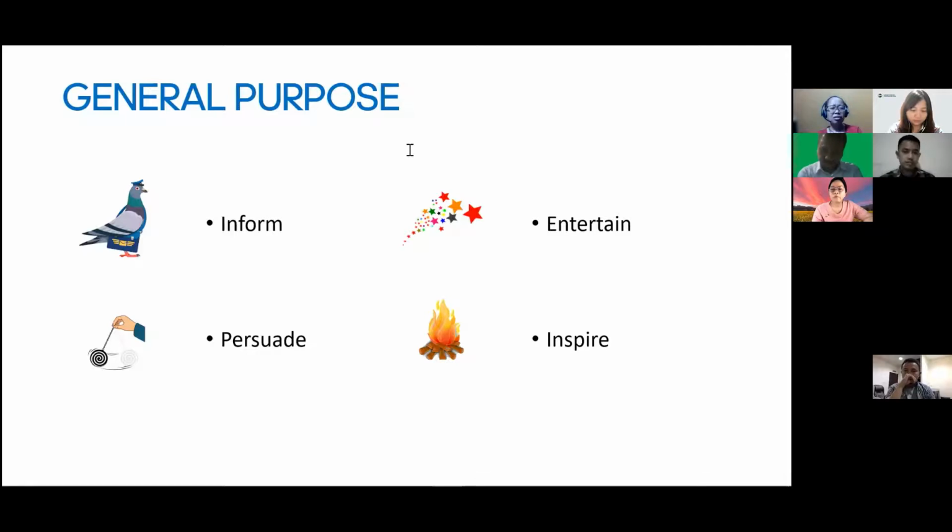Question is, can you have more than one purpose in a speech? Absolutely yes. For example, when finalizing a presentation of basic speaking skills as a Toastmasters member, I inform or educate the attendees on effective presentation, inspire them to become better speakers, and also make the presentation entertaining.